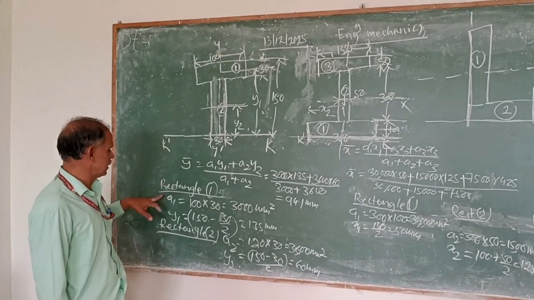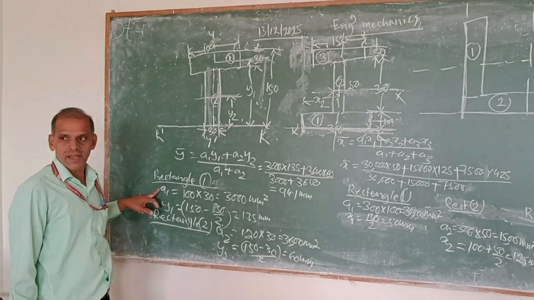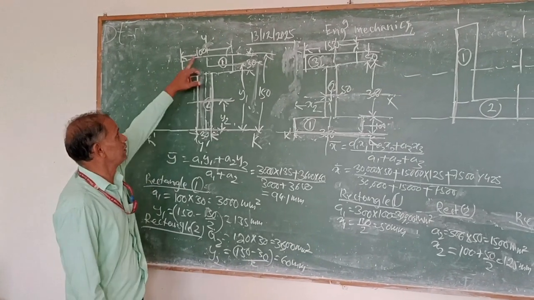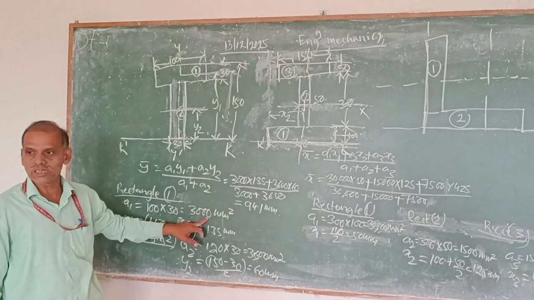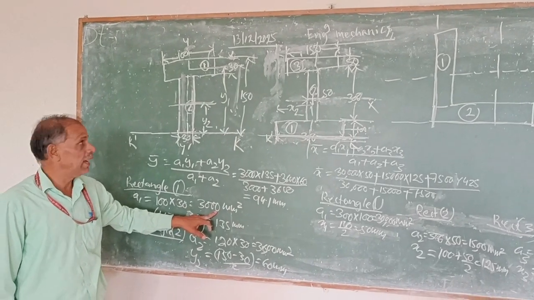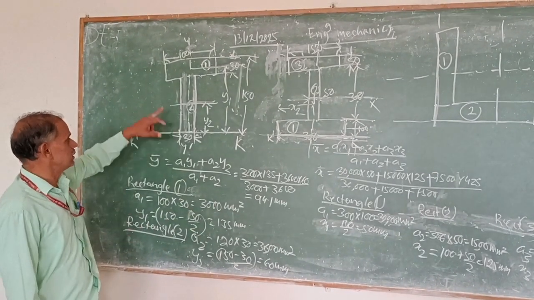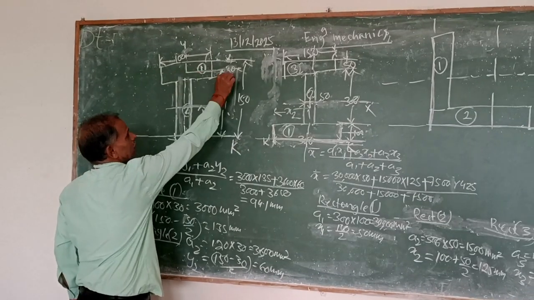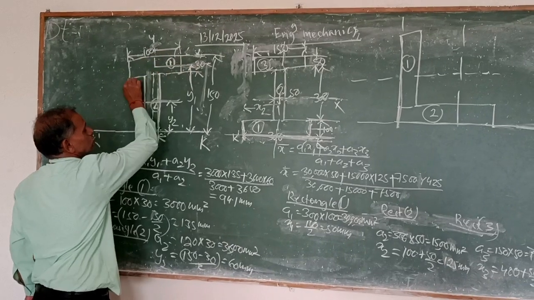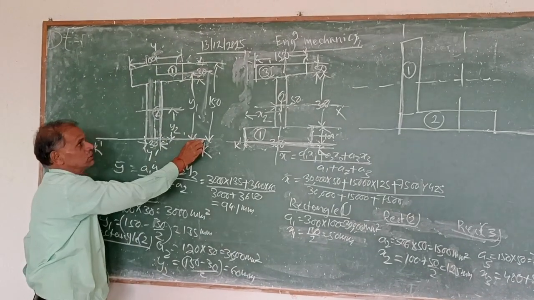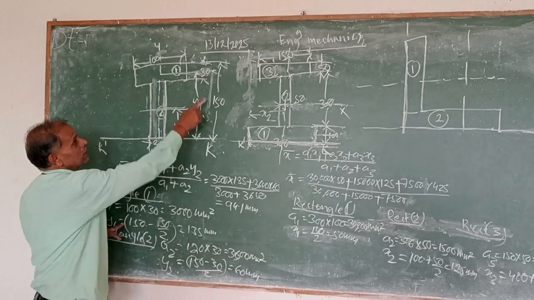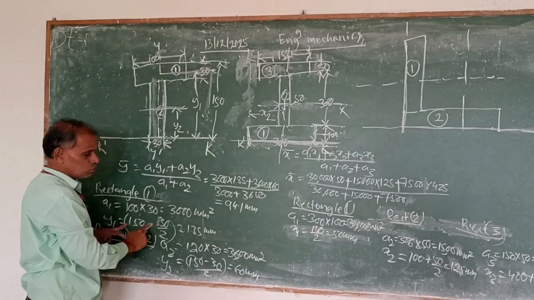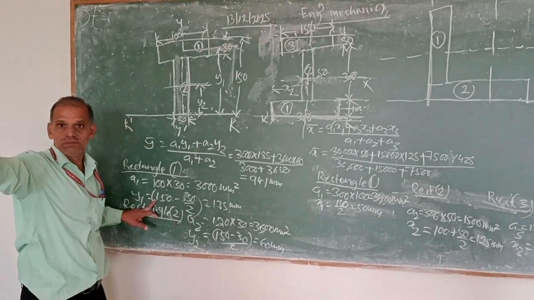In rectangle 1, the area of cross section A1 is equal to 100 into 30, which is 3000 mm square, and y1 is the central distance of section 1 from the reference axis. So this will be 150 minus 30 by 2, which is equal to 135.